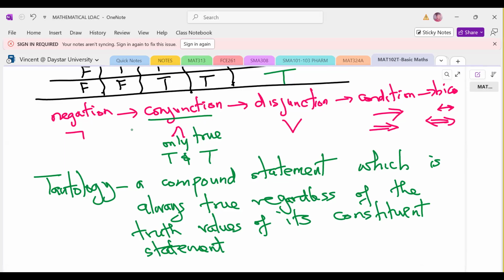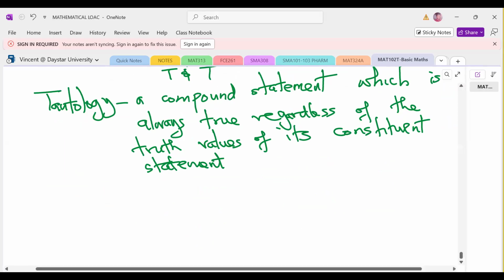And then the opposite of a tautology is what we call a contradiction. So a contradiction is the opposite of this.